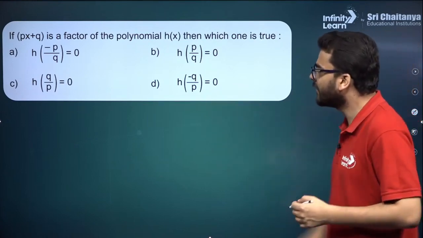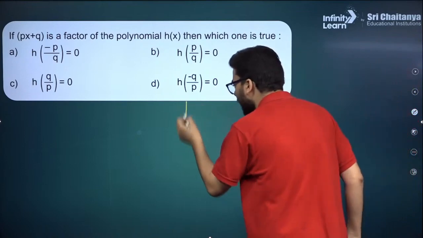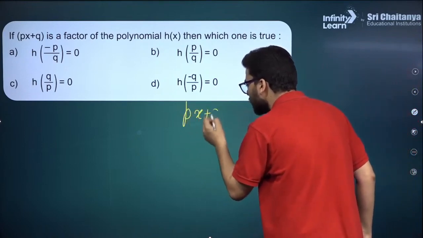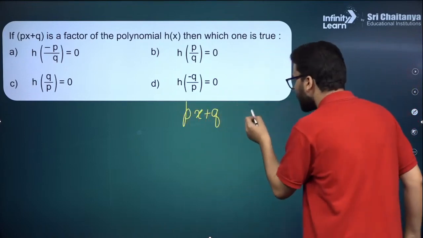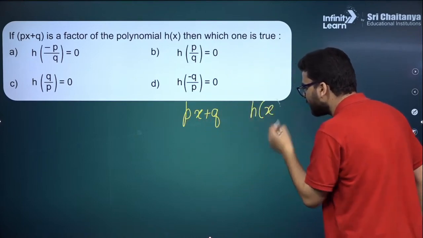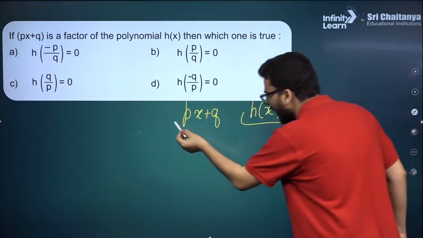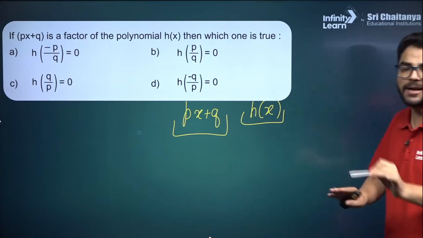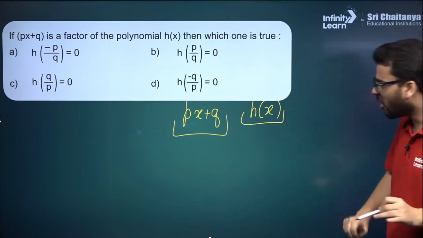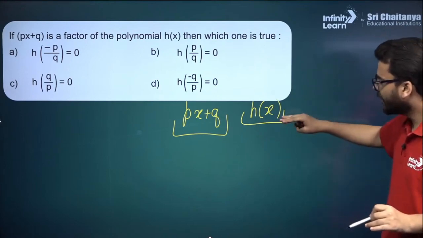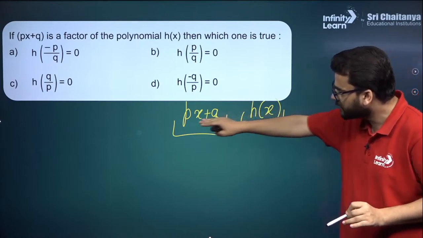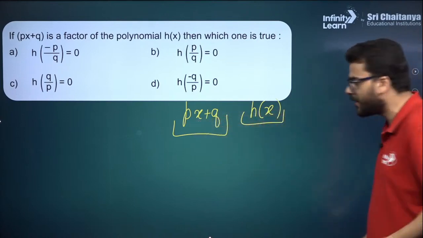So over here it is given that px plus q is a factor. So if px plus q is a factor of h of x, it means that if I divide h of x by px plus q, the remainder has to be 0. Now how will I find the remainder when I am dividing h of x by px plus q? You have studied the remainder theorem.